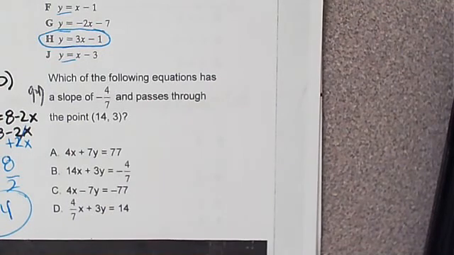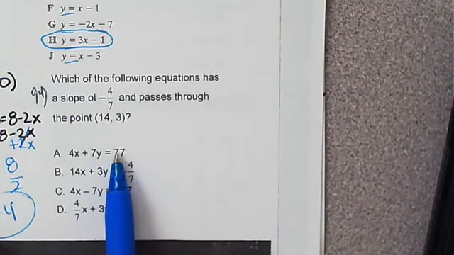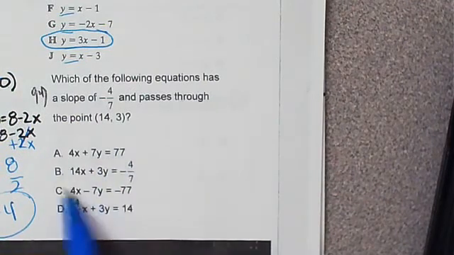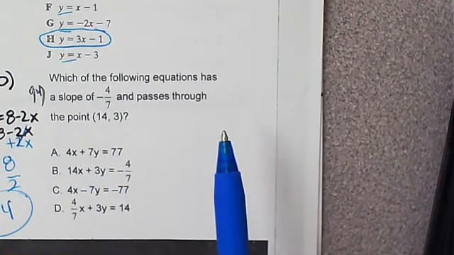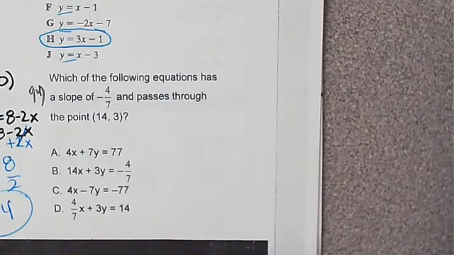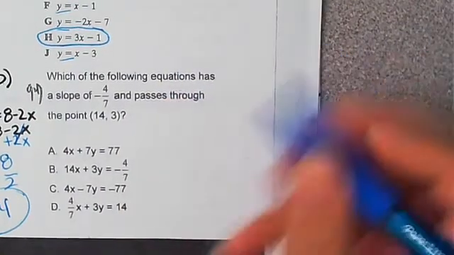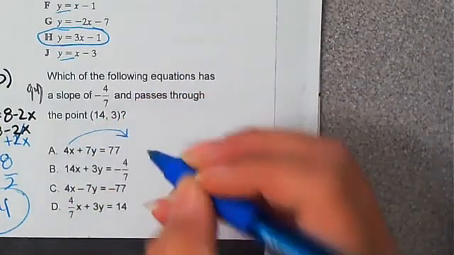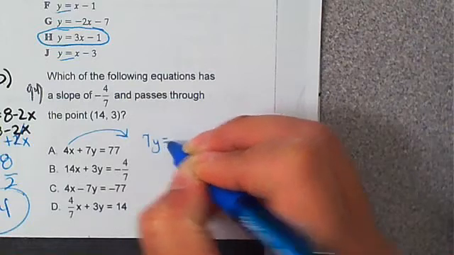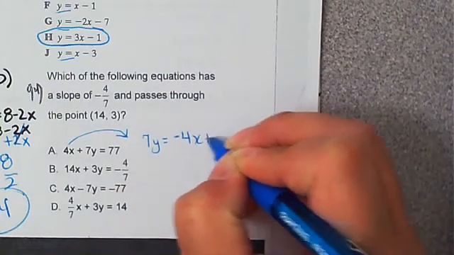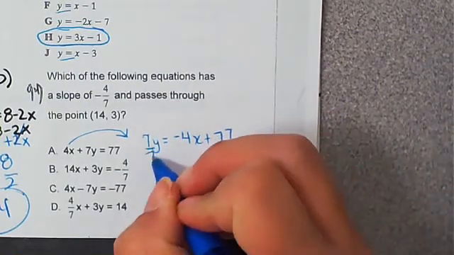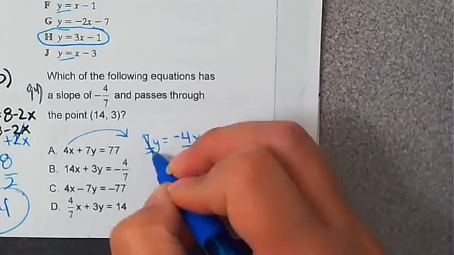94. Which of the following equations has a slope of -4/7 and passes through the point 14, 3? All right. Okay, so they're all in like standard form. So I need to solve them for y equals so that I can put it on y equals. So I'm going to move that x. So I'm going to get 7y is equal to -4x plus 77. Divide by 7.